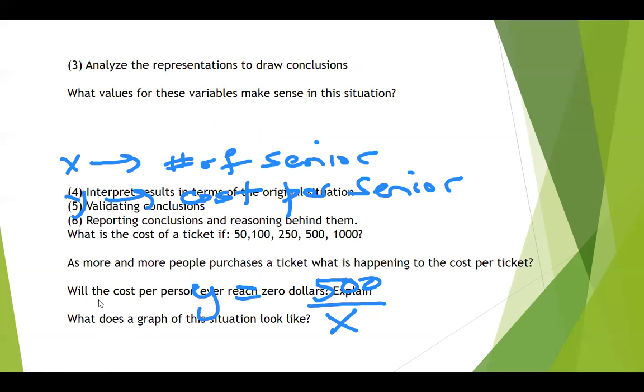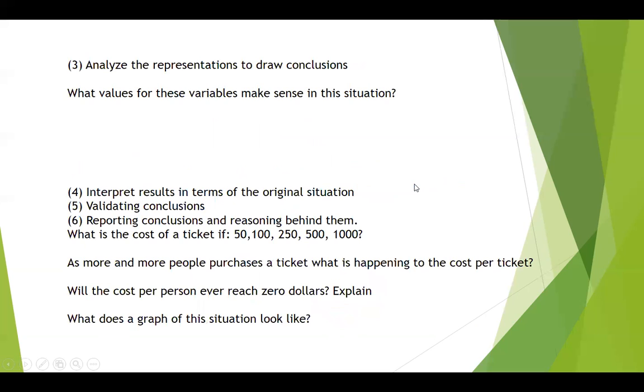Then I will move on to the next stage in the model, where we analyze the representation to draw a conclusion. The question I would ask is, what values for these variables make sense in this situation?